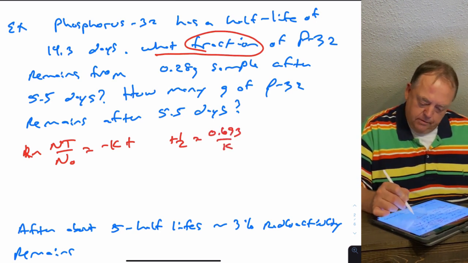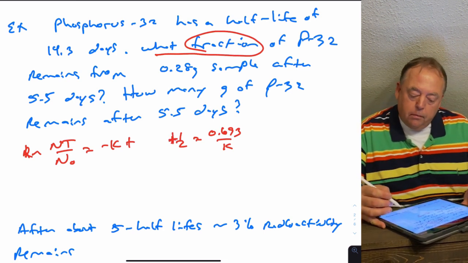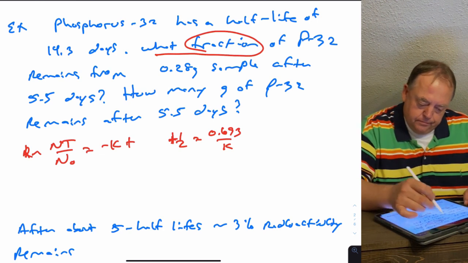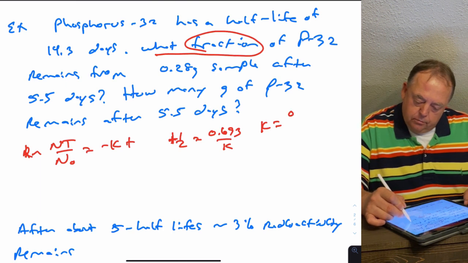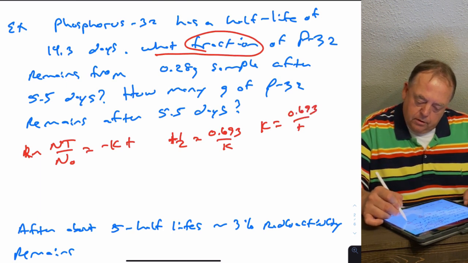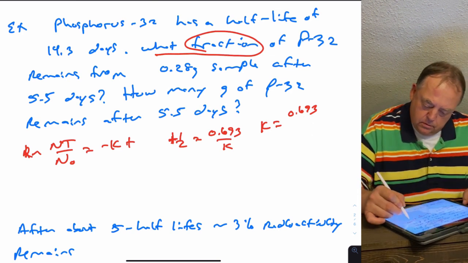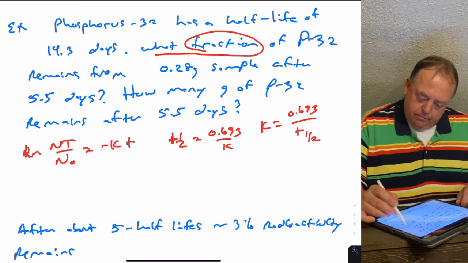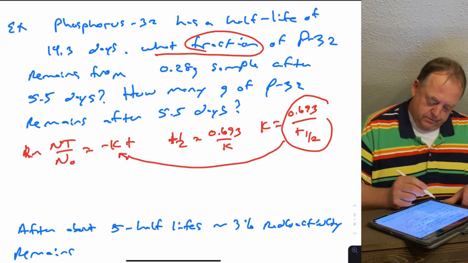So you're not actually given k in this problem, but k is equal to 0.693 over the half-life, T1/2. So we can take that and plug that in to this equation for k.